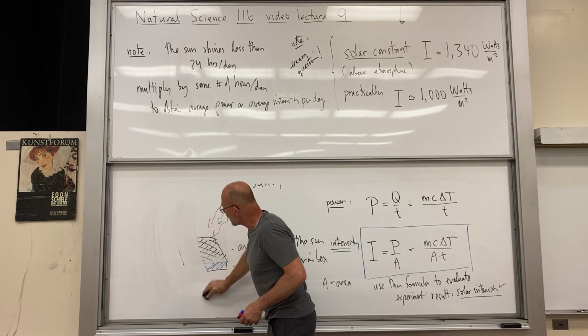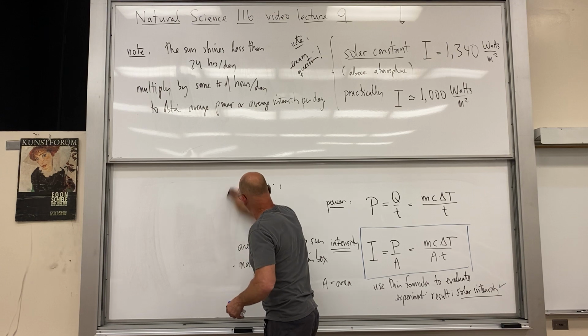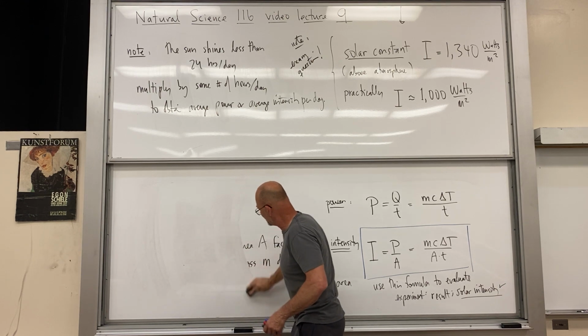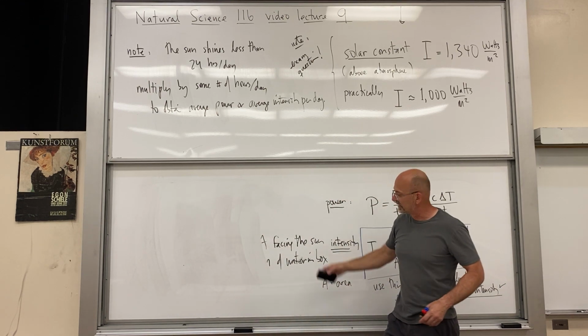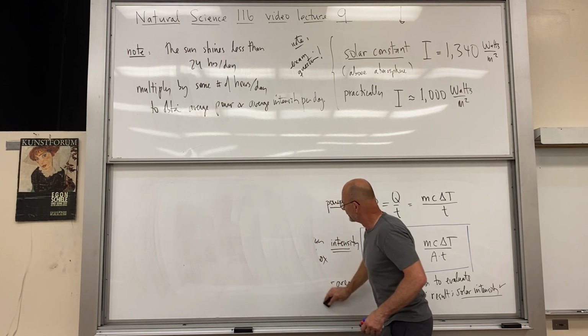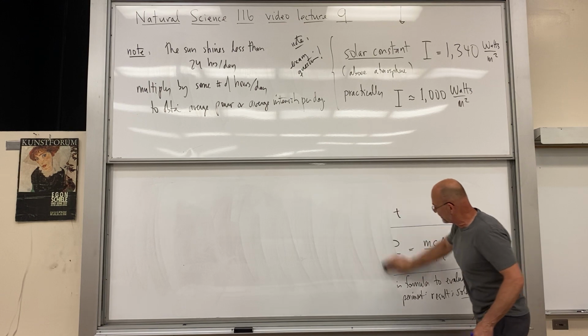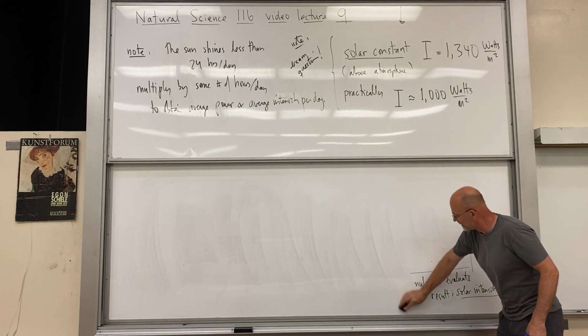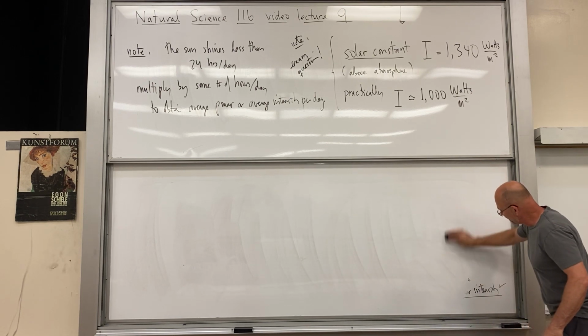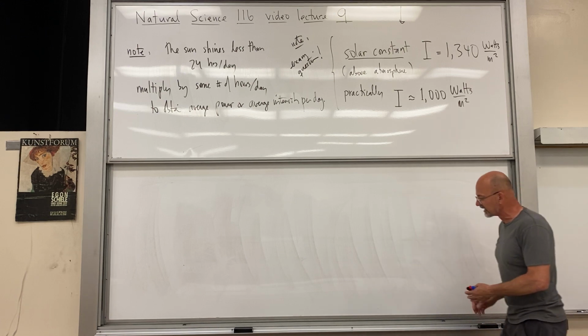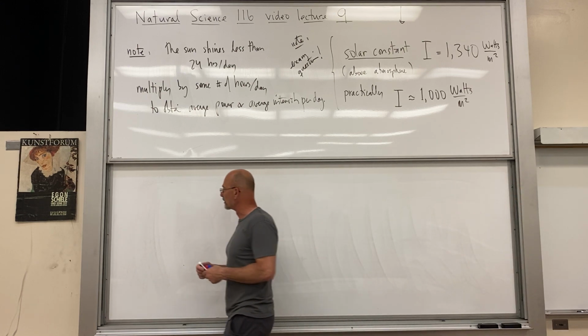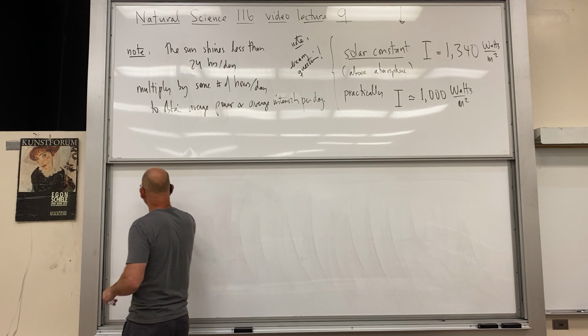Okay, so now we know how much energy is available from the sun, and we want to make use of it. That's the task at hand. And the first use is just to warm things, of course, and then the next use is direct electrical conversion.